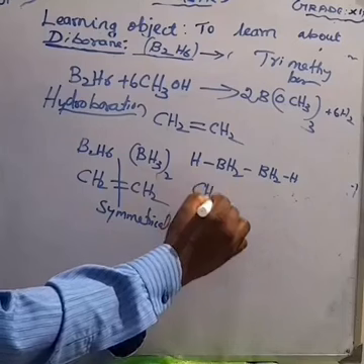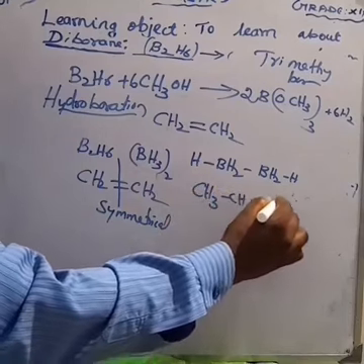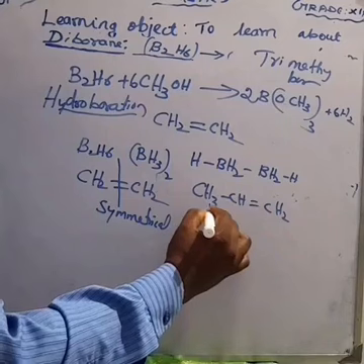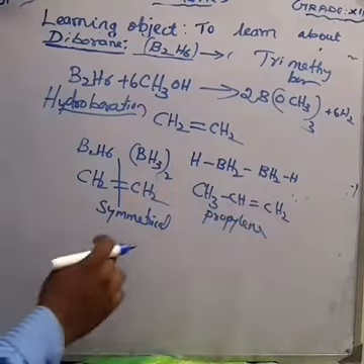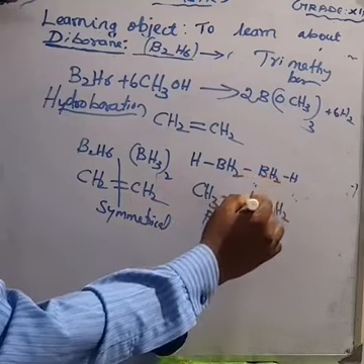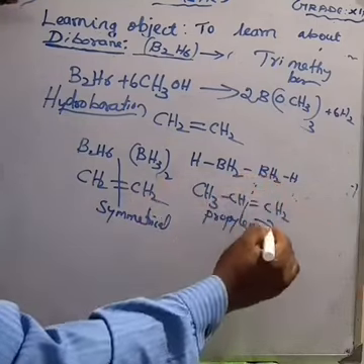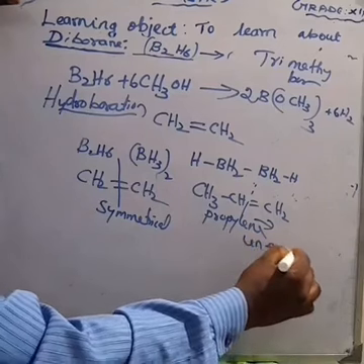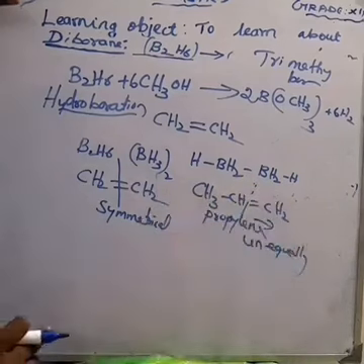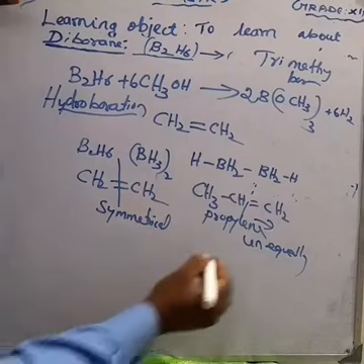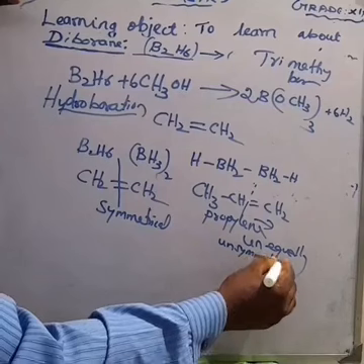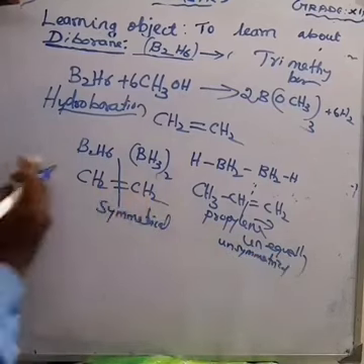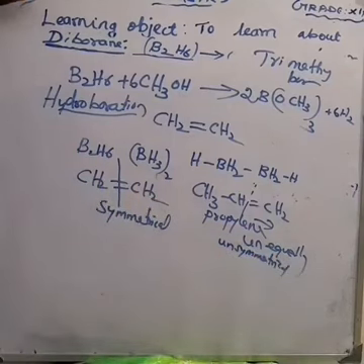For example, another compound is CH3CH double bond CH2, which is called propylene. Can we divide this compound equally? No, we cannot. We can divide it unequally, and that is called unsymmetrical. Symmetrical means it can be equally divided, and those are called symmetrical alkenes.